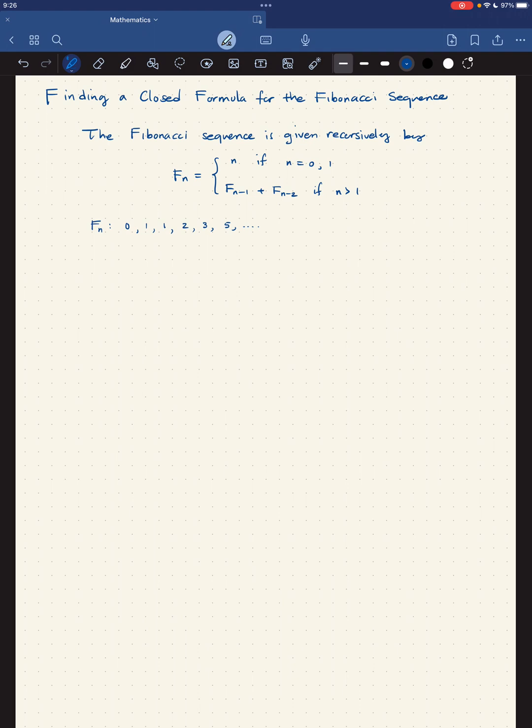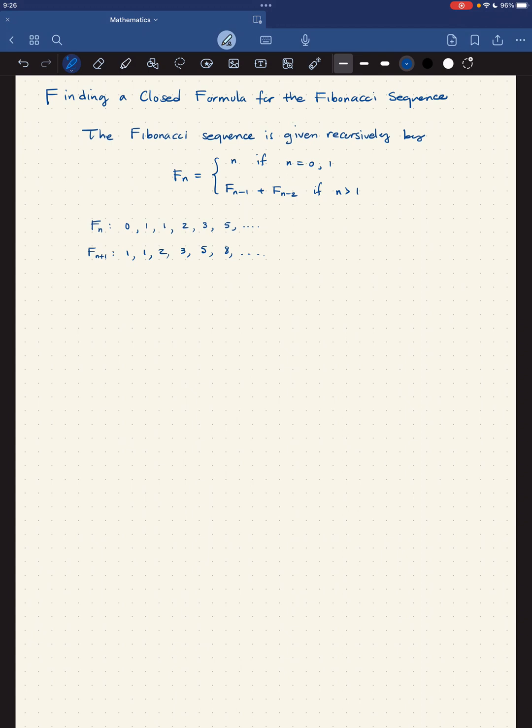In other words, what we would have is something like this: f of n plus 1, right? So I'm going to shift everything to the left by one term. So it would be 1, 1, 2, 3, 5, 8, and so on.